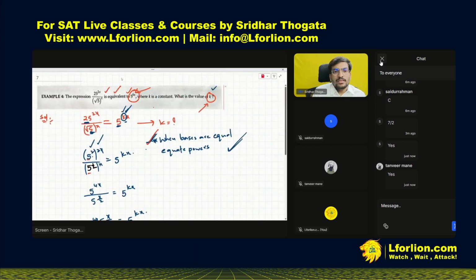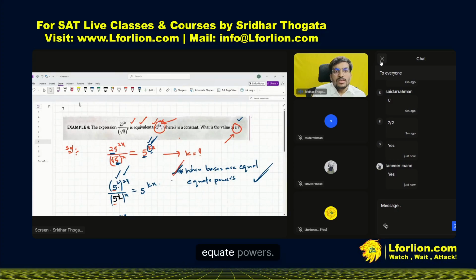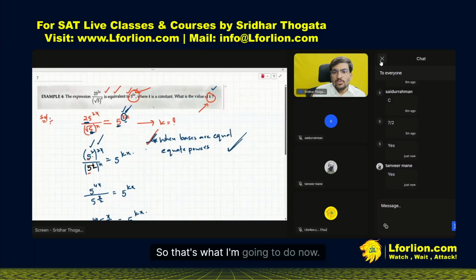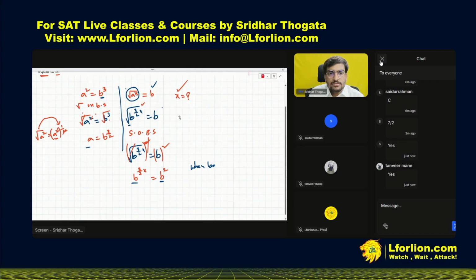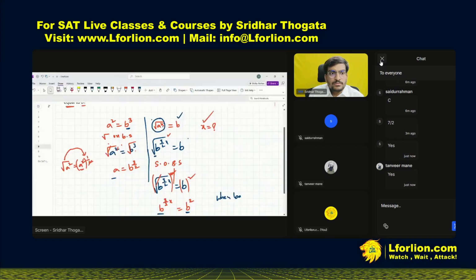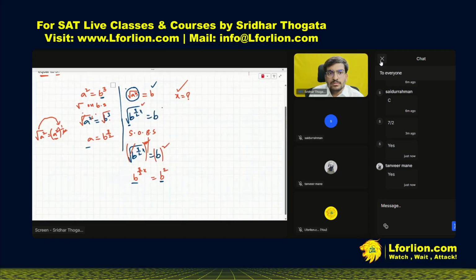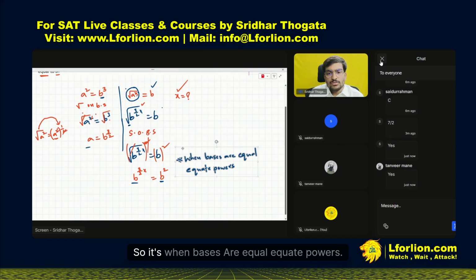When bases are equal, equate powers. So that's what I'm going to do now.